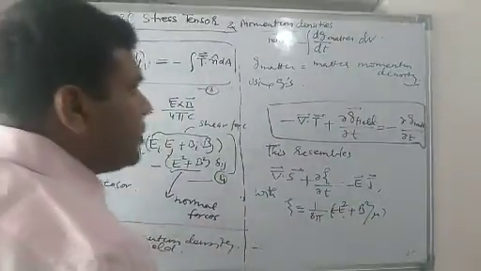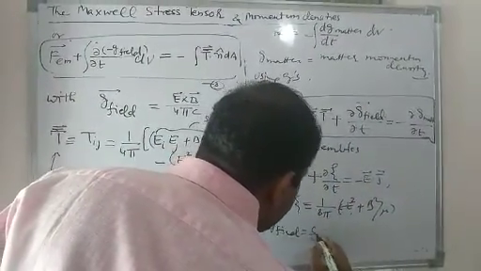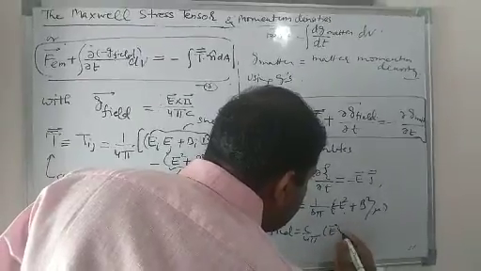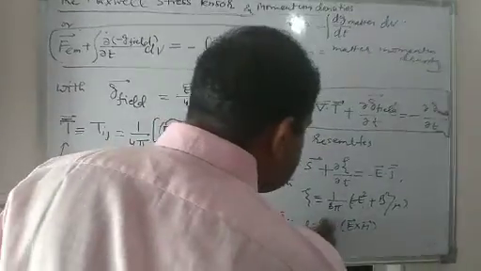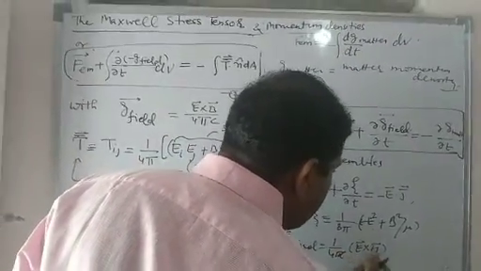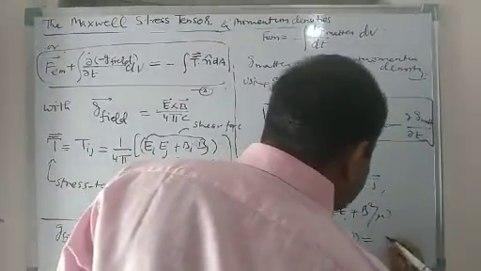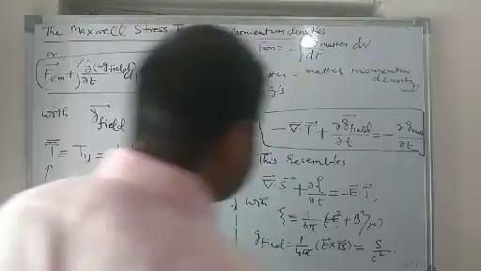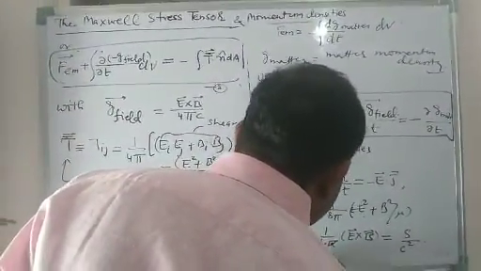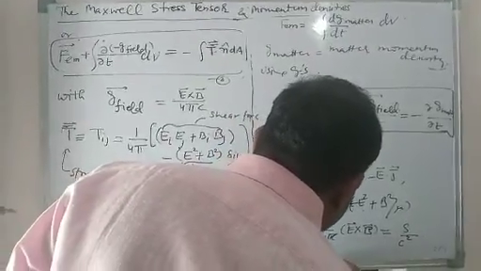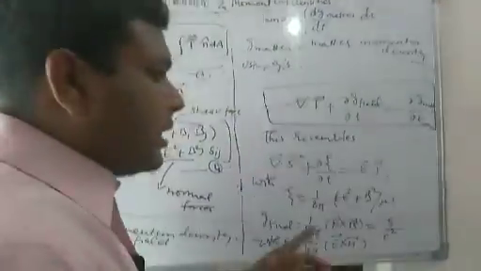That was my definition for the energy density. G field is 1 over 4 pi C, E cross H, or E cross B. You could check this is essentially nothing but S by C square, with S defined as C by 4 pi E cross H. So these were all the definitions.